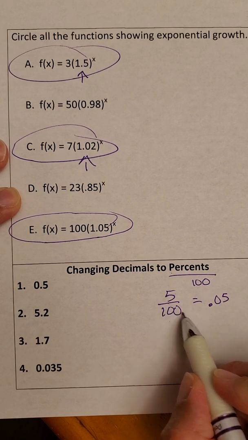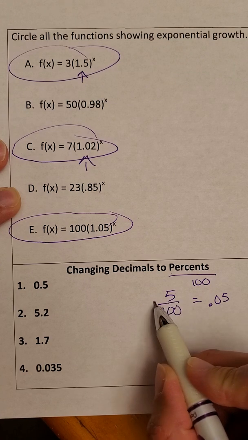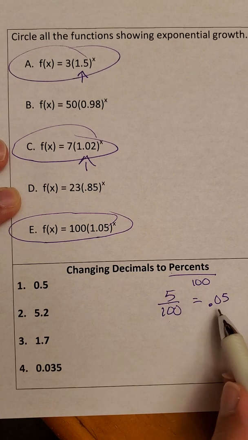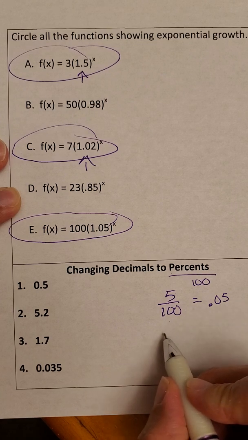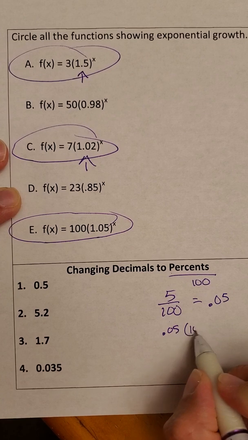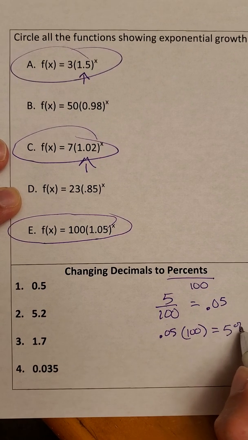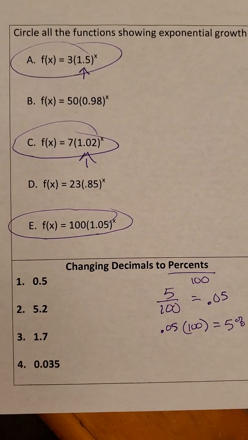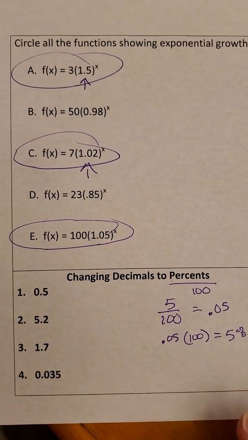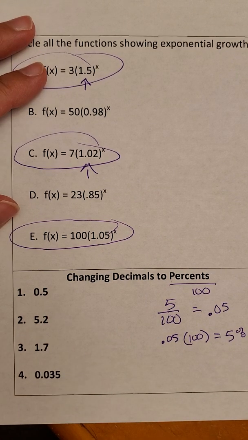When you are changing to a decimal, you divide by 100, which is the same thing as moving the decimal over 2 places. If you're taking a decimal and changing it to a percent, you're multiplying by 100. So you would take 0.05 and multiply it by 100, and you would get 5%. Or you just move the decimal over twice. The shortcut is moving the decimal over twice, but you need to understand that what you're doing is multiplying by 100.